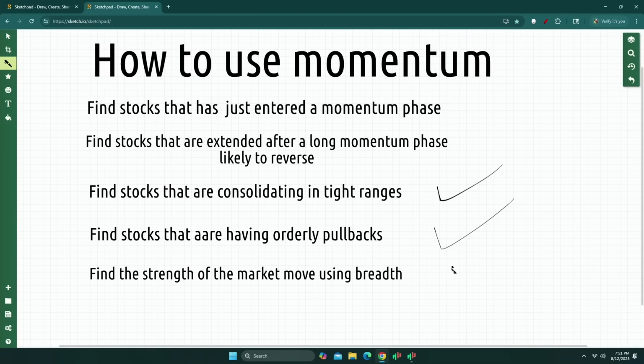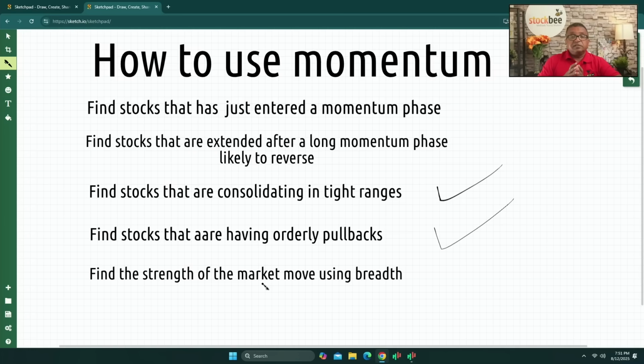Now, there is another way in which this information is used, and this information allows you to find the strength of the market moves. The number of stocks which have momentum tells you how many stocks are participating in the moves, right?